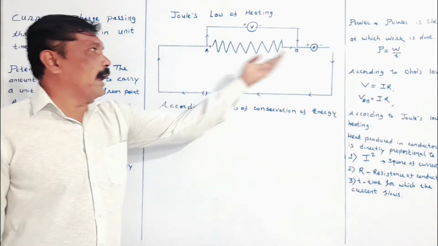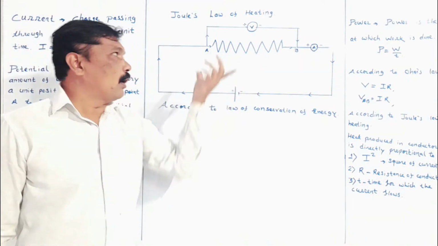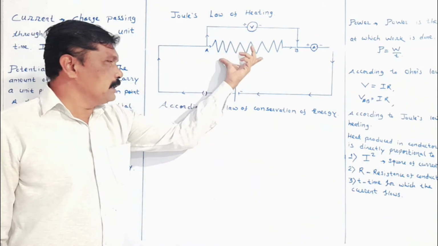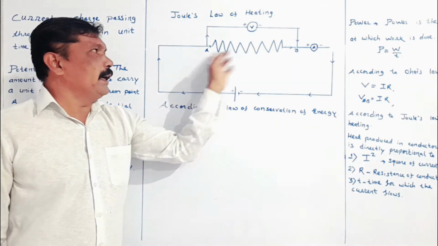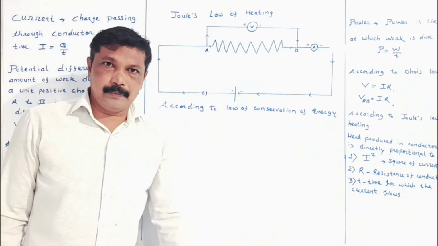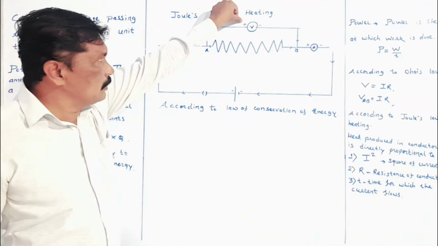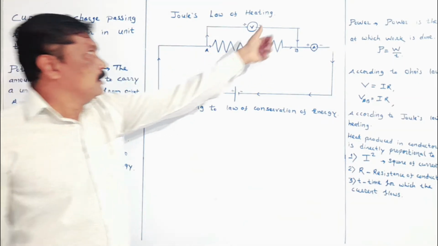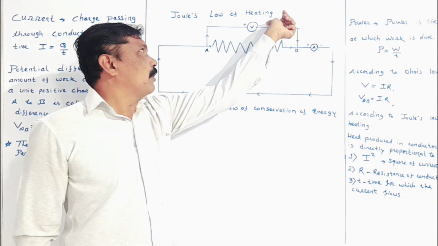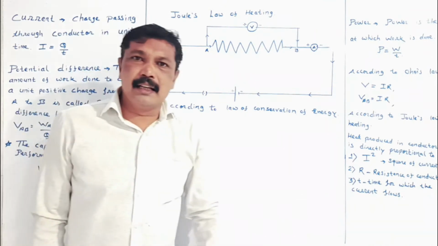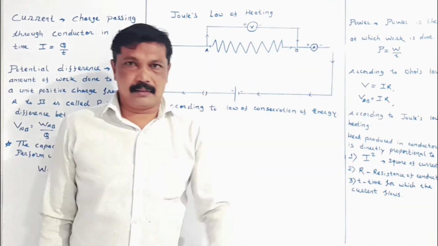Here A and B are the two ends of the resistance, and the potential difference between point A and point B will be measured by the voltmeter. The positive terminal of the voltmeter and the positive terminal of the cell, the negative terminal of the voltmeter and the negative terminal of the cell are carefully marked.